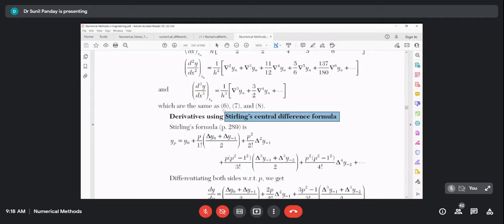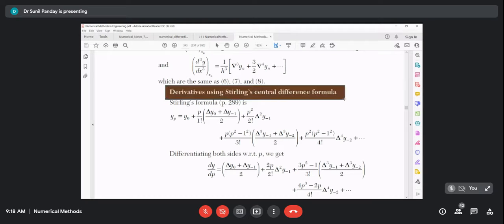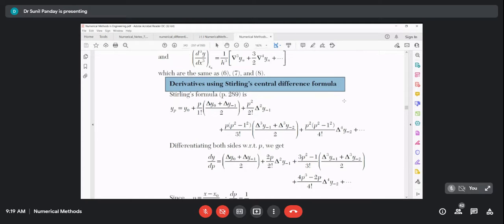If you take the average of the two, you will get your Stirling interpolation formula, and on the basis of it we can calculate the derivative at the middle point of the table. If someone asks you to find the derivative at the middle point, you have to apply this Stirling derivative formula.